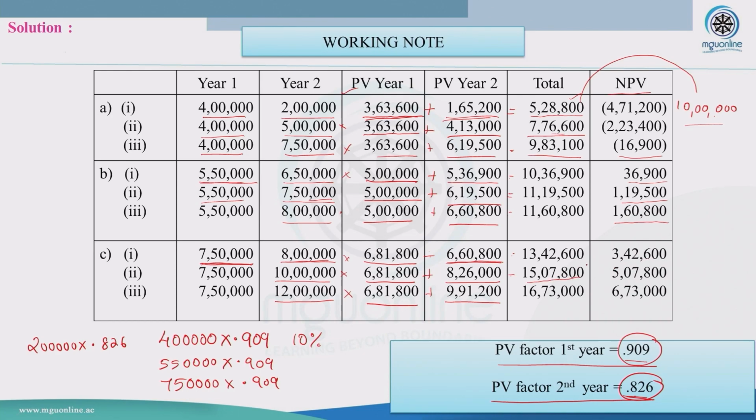And 15 lakh 7,800 minus 10 lakh will be 5 lakh 7,800. And 16 lakh 73,000 minus 10 lakh will be 6 lakh 73,000. From the table, it is clear that the net present value of the first option will be negative.